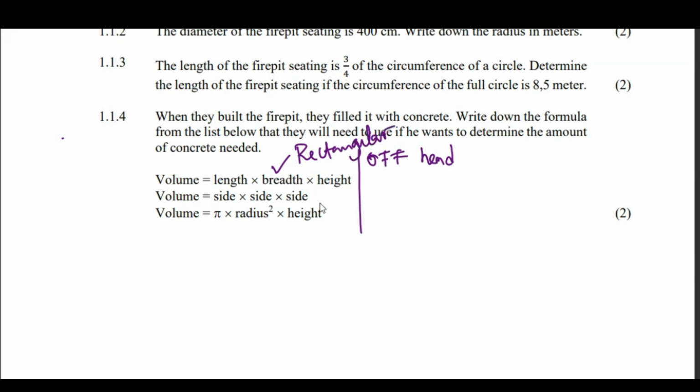That's volume of a rectangular prism. When you look at this, side times side, this has to be cubic because all sides are equal. It's a cube. Then volume of a cylinder. Why am I saying a cylinder? Because I've seen radius. All right? So you should know these formulas here. All right, how to pick them.